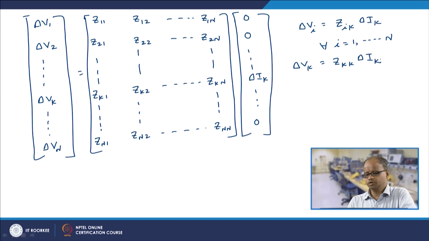Now, this is the change in the voltage at bus k due to the change in the injection current at bus k.